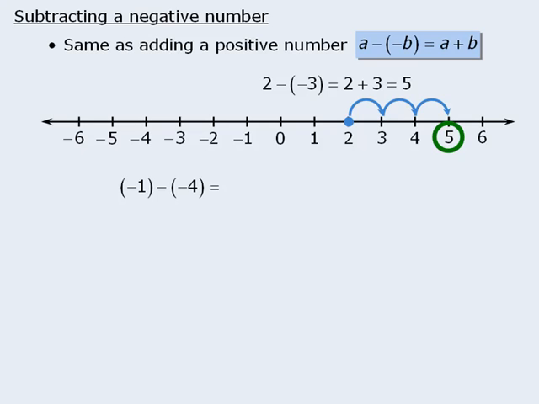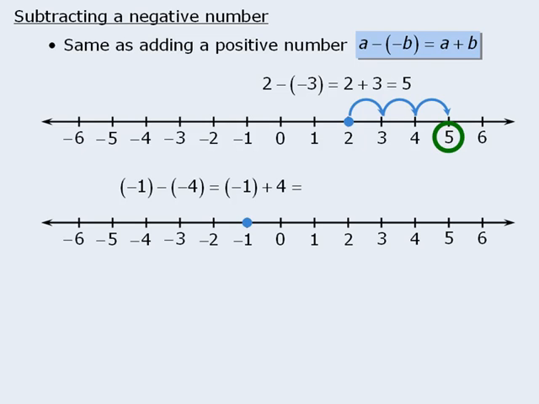Similarly, to evaluate negative 1 minus negative 4, we first rewrite it as negative 1 plus 4. Then we begin at the first number, which is negative 1, and move 4 spaces to the right to end at 3. So negative 1 minus negative 4 equals 3. Finally, to evaluate negative 3 minus negative 1, we first rewrite it as negative 3 plus 1.